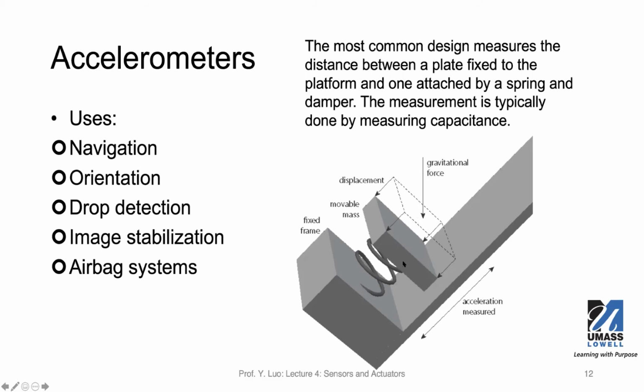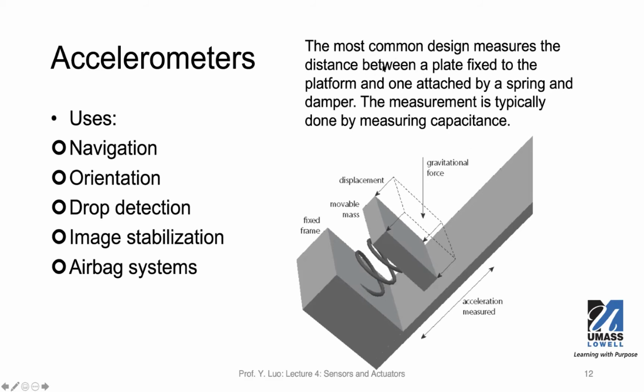If you move this mass further, the spring will pull it back towards the center. If this moves too close to the fixed frame, then the force in the other direction will push this mass away. So this platform could be in different orientations, but either way, the movement of this movable piece will be along this direction.